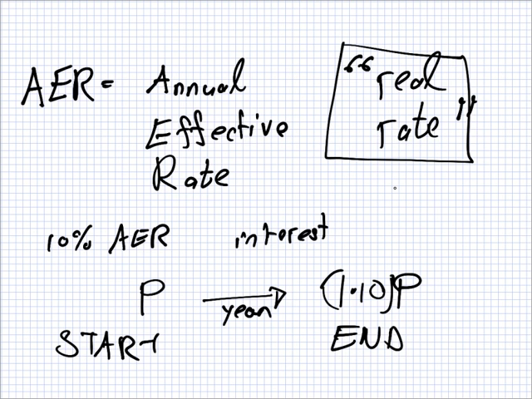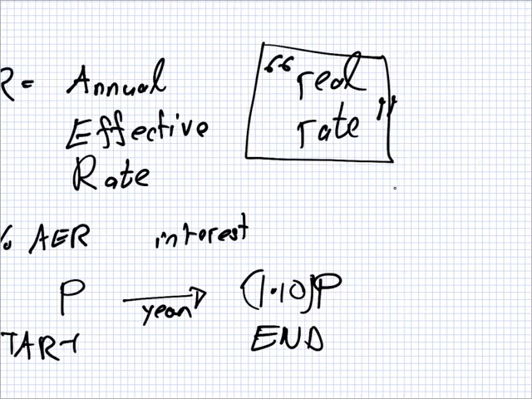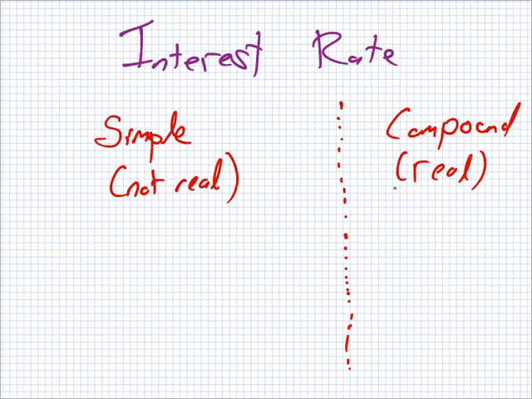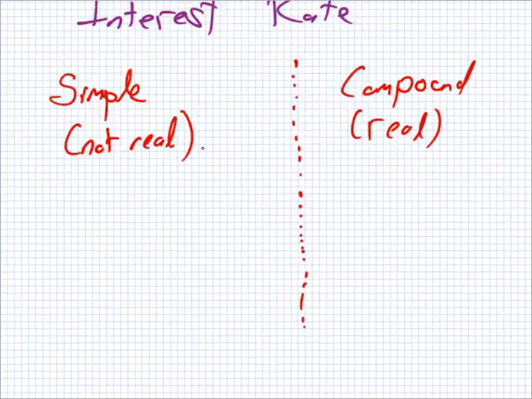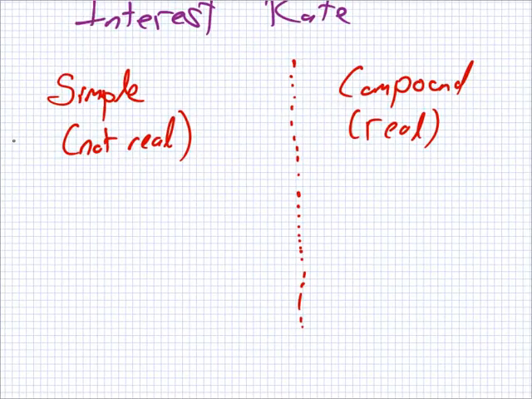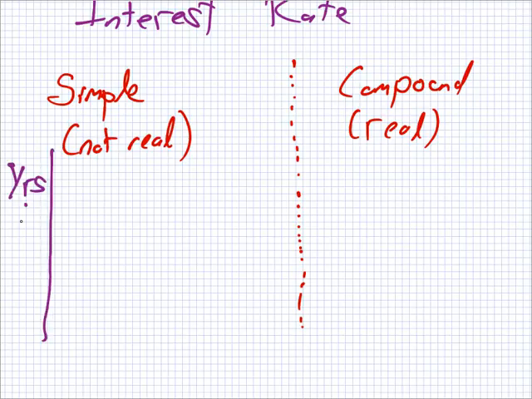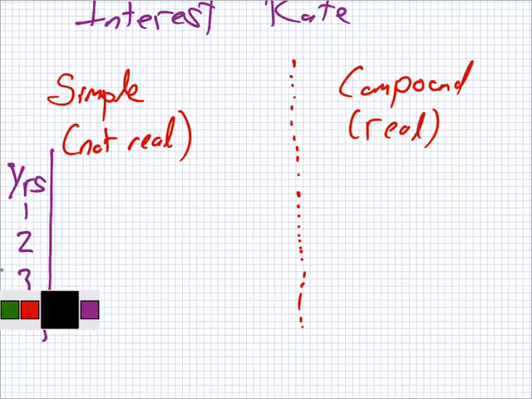Yeah. So let's look at the difference between simple and compound. And we'll go in years, okay? So down the side here is years: 1, 2, 3. So in compound, what happens is, you have some, let's start with P at the start.